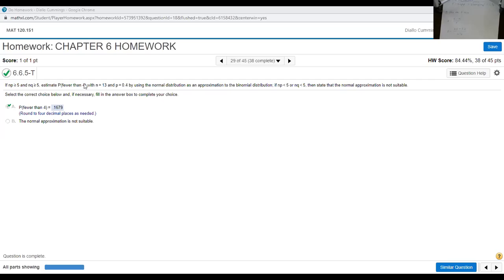So here our value for x, if we take into account the continuity correction, should be 3.5.